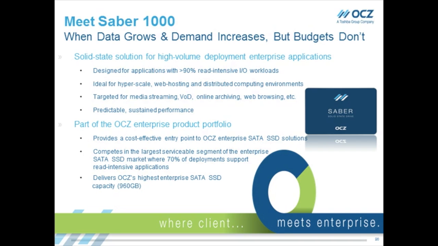The whole idea is to address the 70% of deployments that we believe are essentially read-intensive applications, and that bodes well for where the volume is going in solid-state drives. We've also introduced the largest capacity to date of our enterprise SATA solutions, at 960 gigabytes, which is essentially a terabyte of raw storage space.